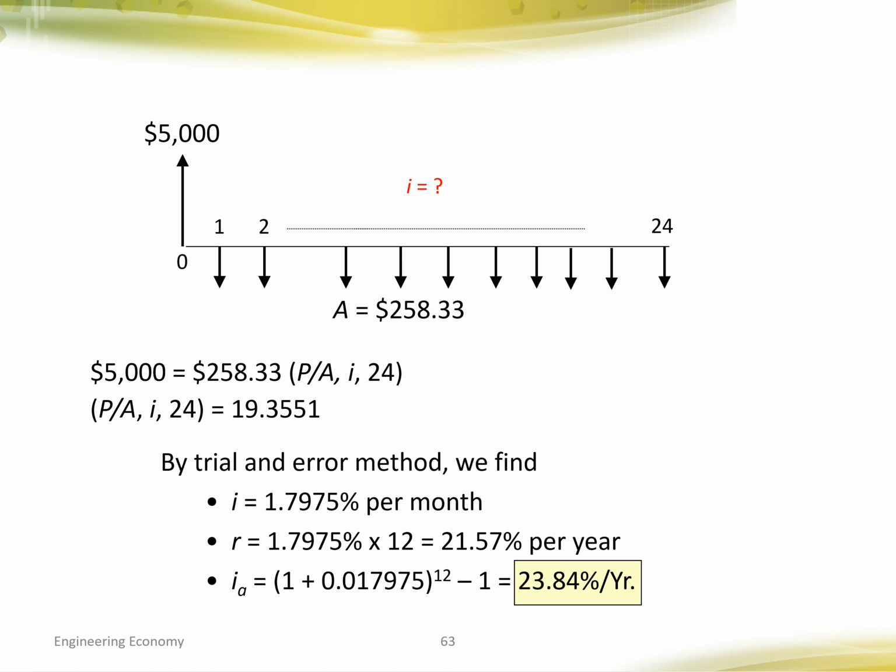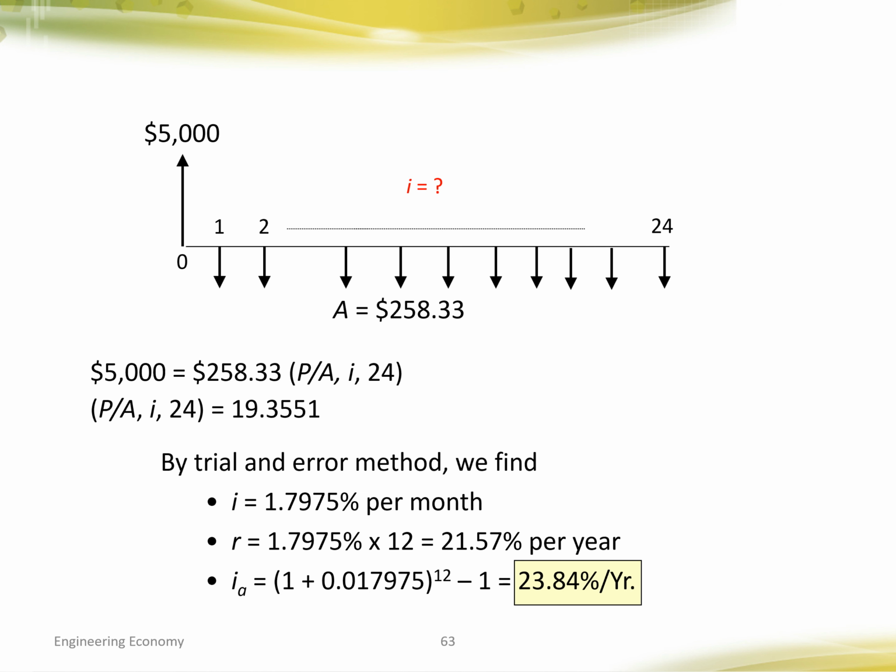We want to compute it, and we can compute the coefficient, and got the coefficient is 19 times 258.33. So by trial and error or interpolation, we found out that we are paying 1.79, around 1.8% per month, which is the effective interest rate per month.